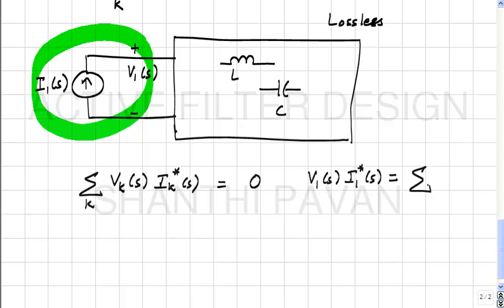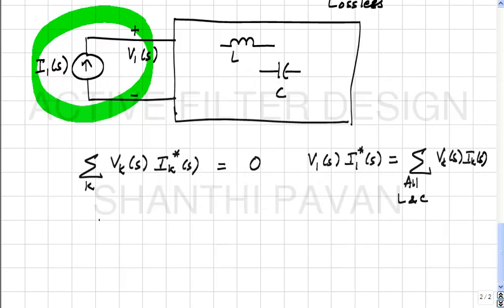Correct? So this must be Vk of S times Ik star of S over all L and C. Does it make sense? All right.